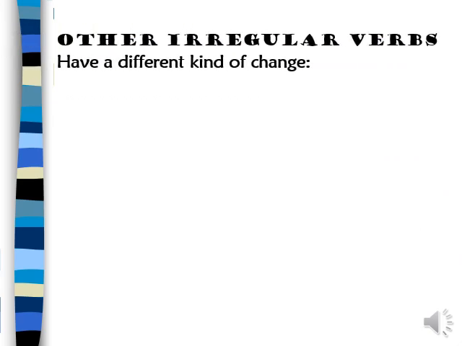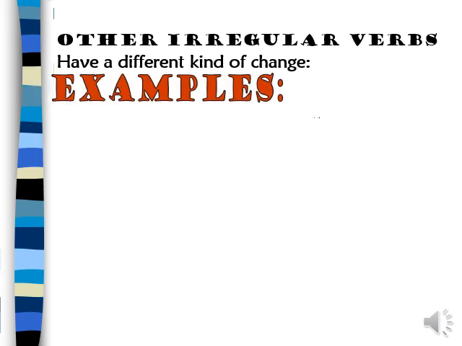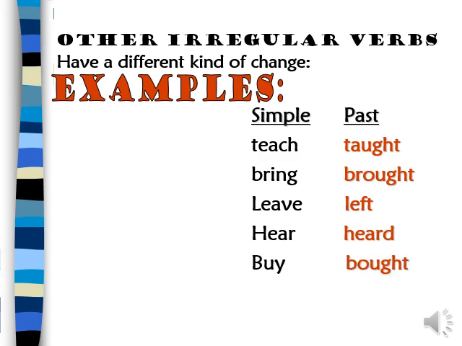Other irregular verbs have a different kind of change. For examples, teach, taught; bring, brought; leave, left; hear, heard; buy, bought.